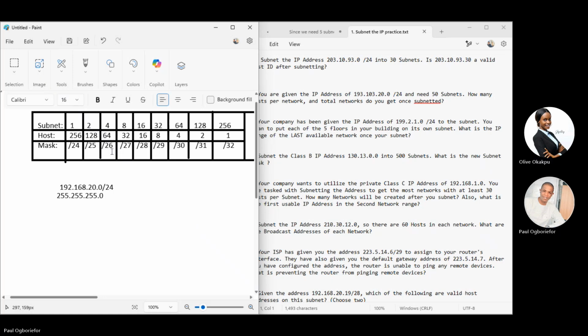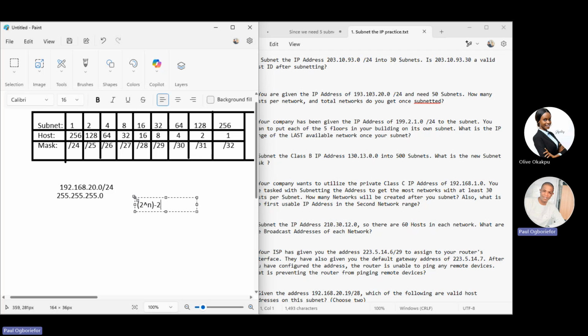Now, they will ask you what the assignable IP addresses in each of these networks are. You know the formula 2^n - 2, which is the usable IP addresses. We use 2 raised to the power of n, we can put them in brackets, and then you do minus 2.